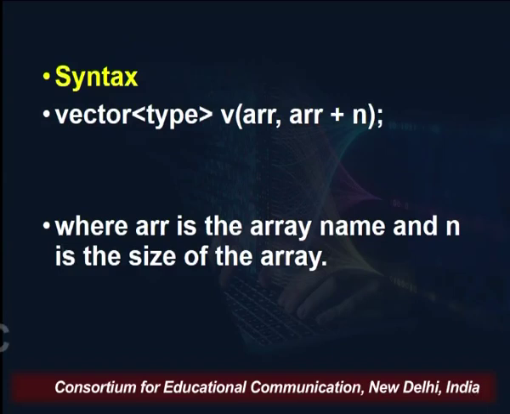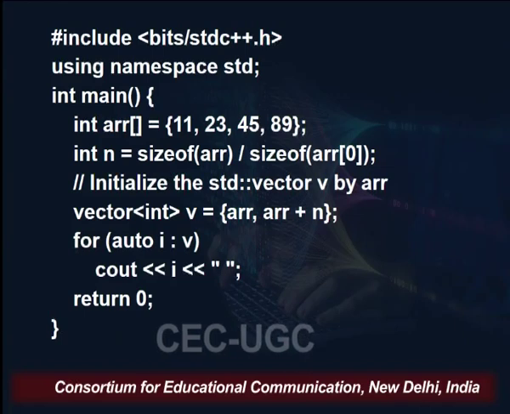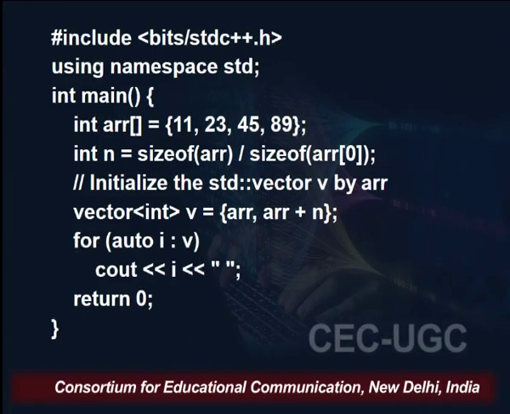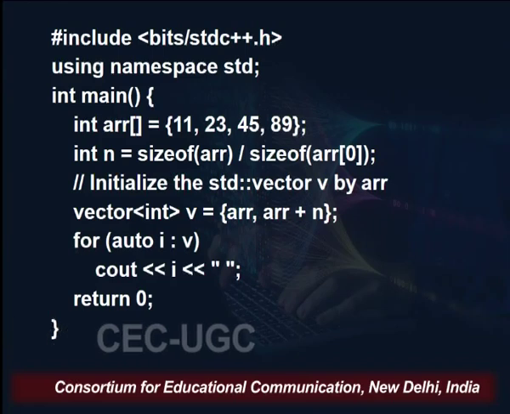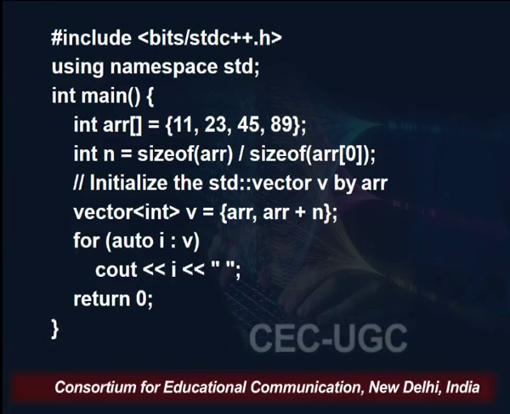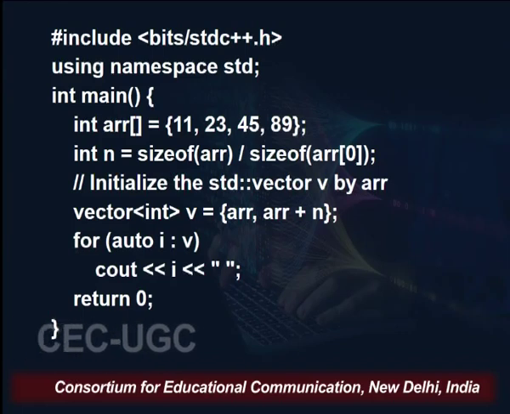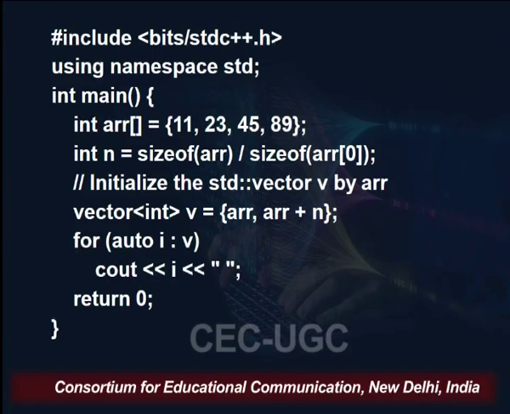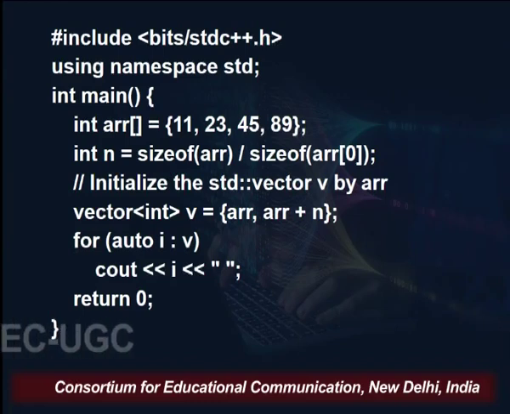So, let us see how we are going to use this particular method. Within the main we have declared an array in our conventional manner, which is integer ARR with 11, 23, 45, 89, and n is actually the size of ARR. Within this variable n, we have kept sizeof ARR, which is given to us by the sizeof operator.